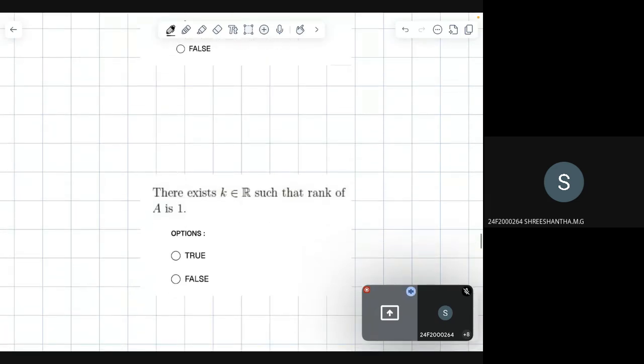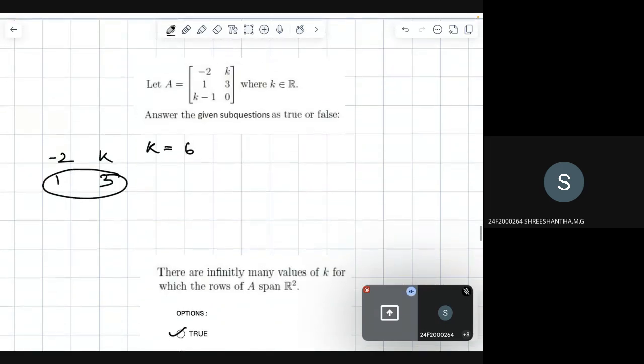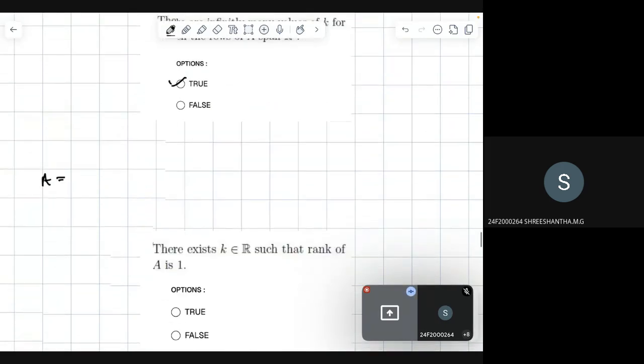Next one says that there exists k belonging to R such that the rank of A is 1. What was A? A was minus 2, k, 1, 3, k minus 1, 0.